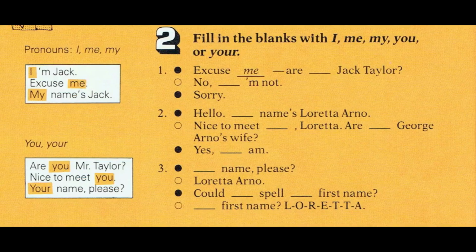I do the activity of meeting, and you are the receiver of the action. Object, not a subject. Your name, please. Here is possessive adjective. Your name means the name is yours. It belongs to you. You have it. You possess it. So let's think about this exercise for a few minutes, and then we check them together.